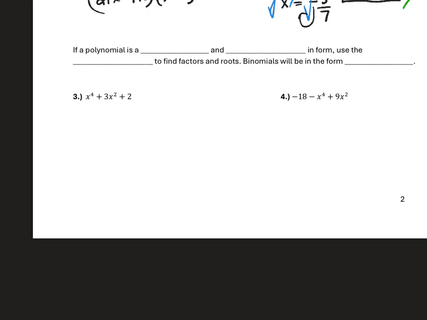If a polynomial is a trinomial and quadratic in form, meaning that it either has exponents of 2, 1, and 0, like a constant, that's quadratic in form. This is also quadratic in form.